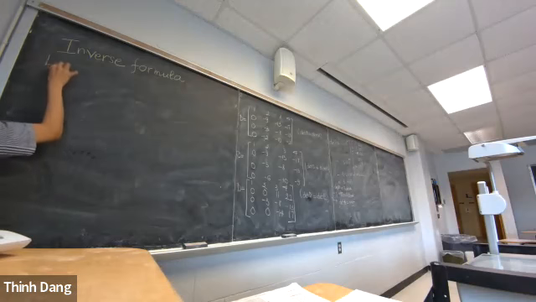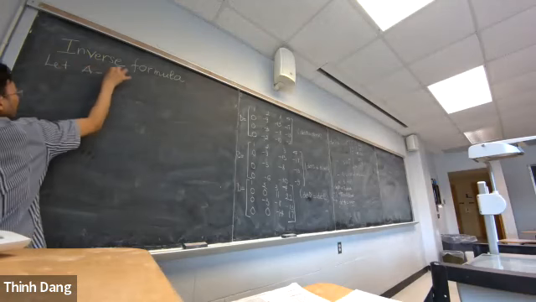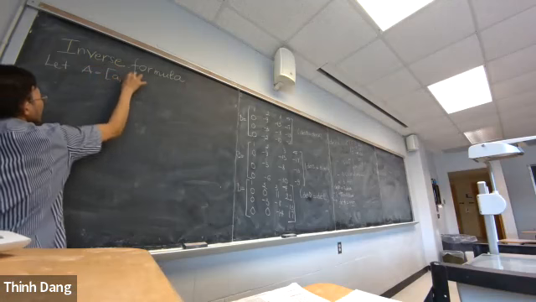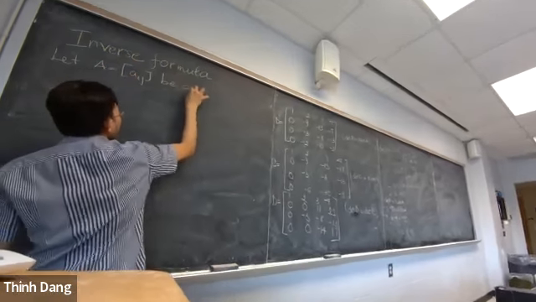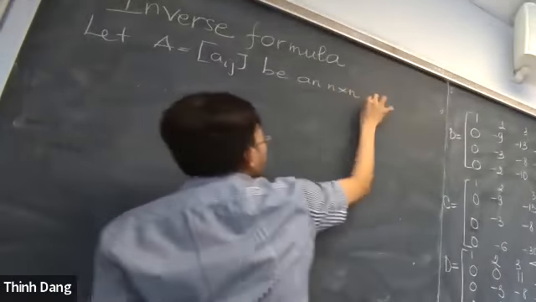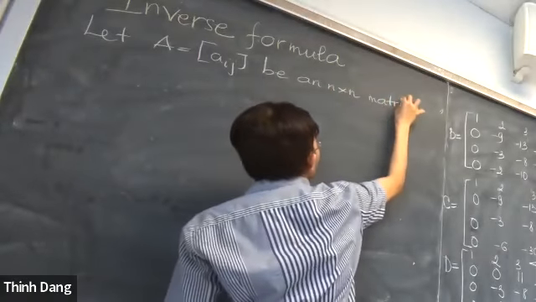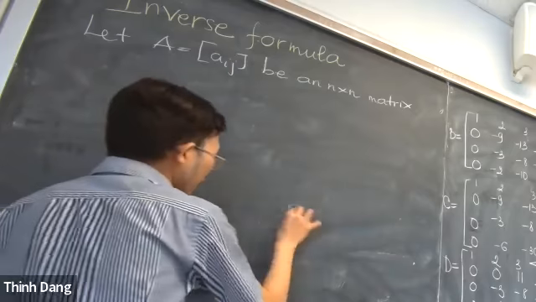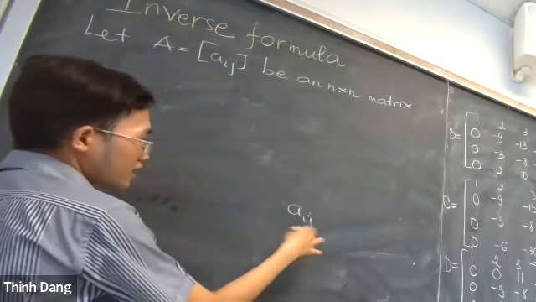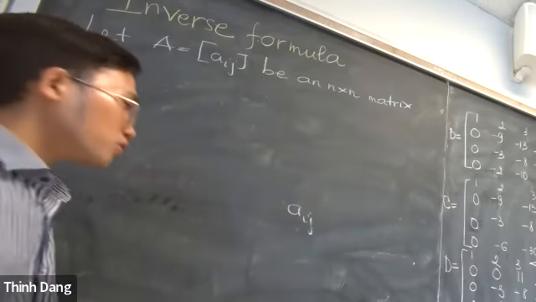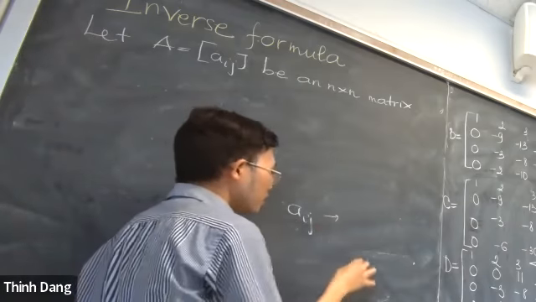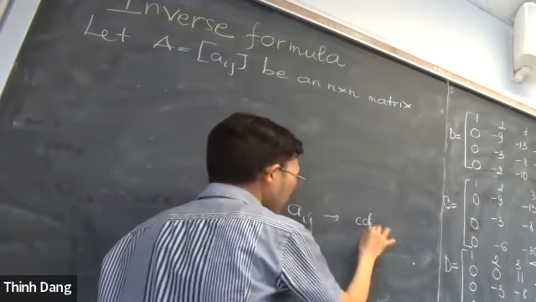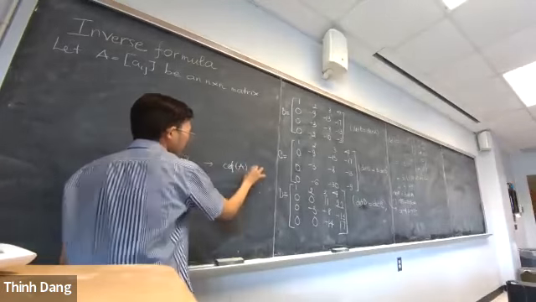But first, we need to establish some definitions. Let's start with a square matrix, Aij, an n by n matrix. We talked about this yesterday. For any ij entry of the matrix, we correspond the cofactor Aij.